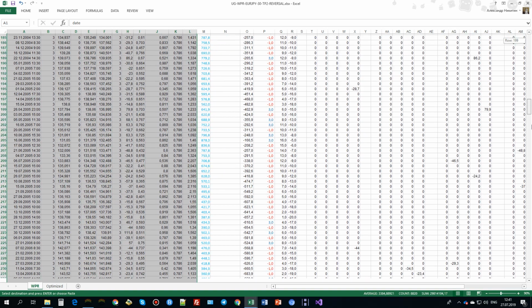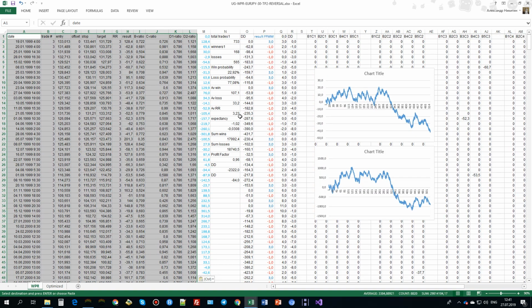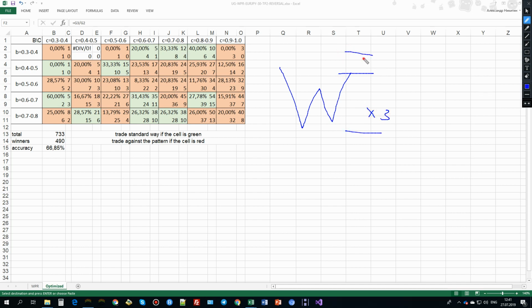Again, we have a negative expectancy, so it means you should trade them the inverse way in most cases. And in this situation, when you place your risk to reward as 3 to 1, let's say this one is 3 and this one is 1, for you to be a winner, to have a positive expectancy, you should have at least 25% probability.